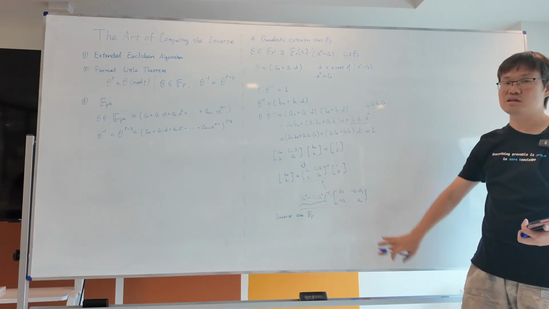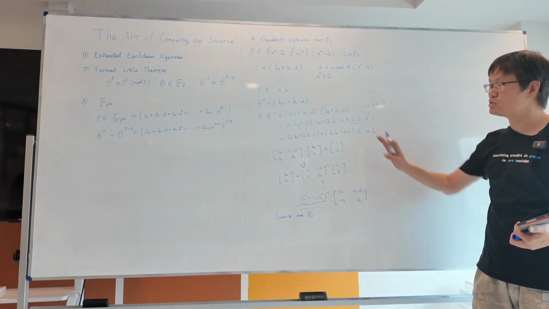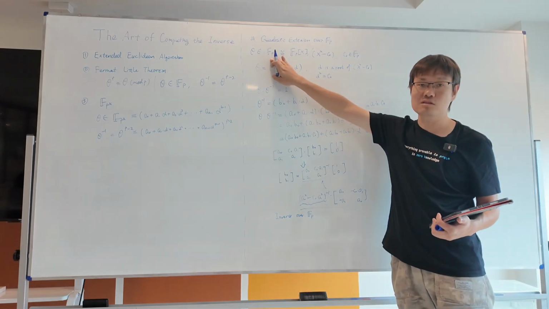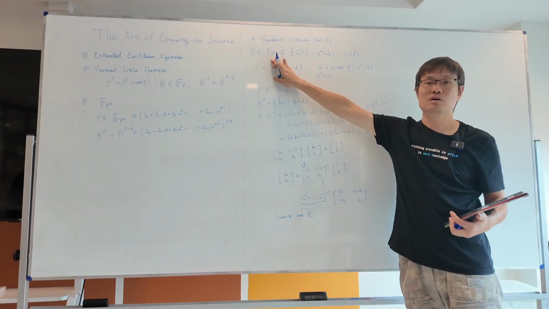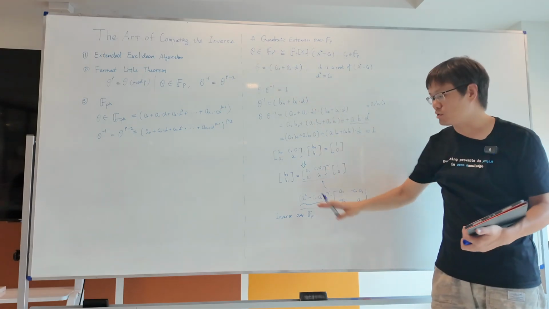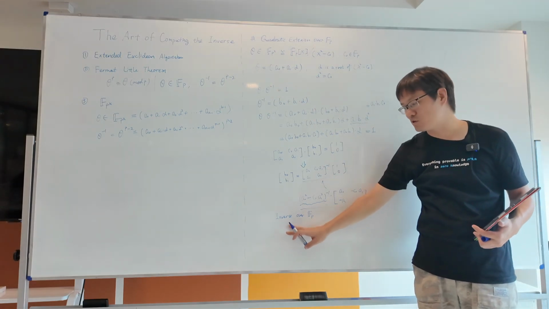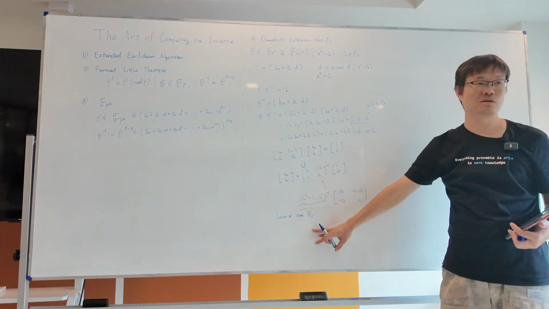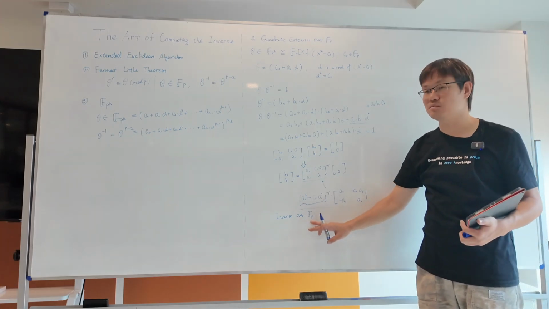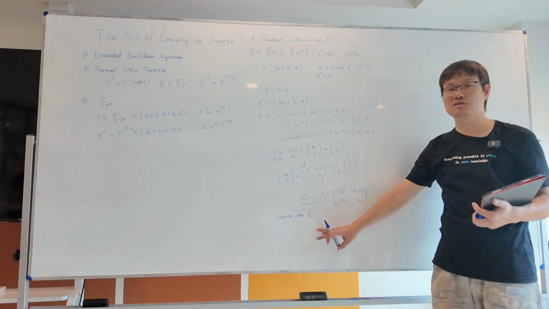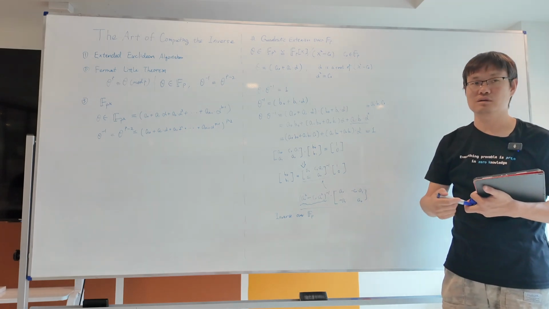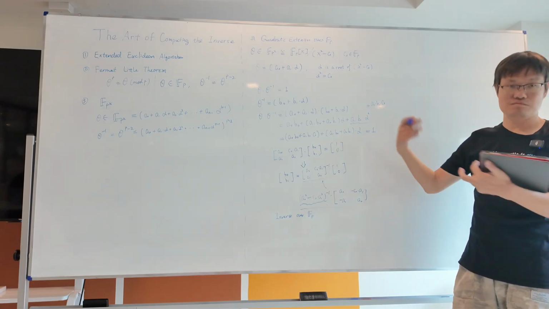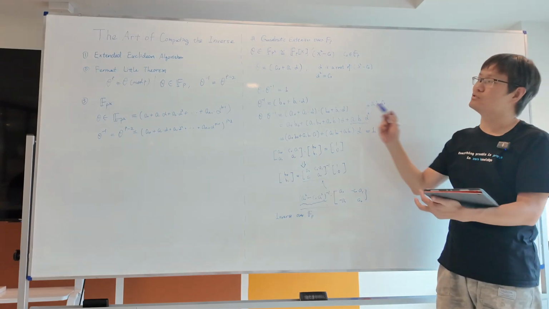So the process is showing that if we want to compute the inverse over an extension field, now the problem is reduced to computing an inverse from the base field. So doing inverse over the base field is kind of easy, cheap, right?